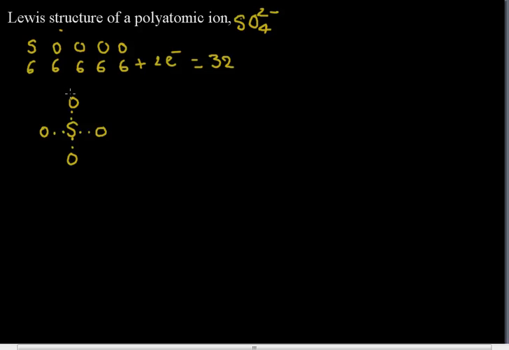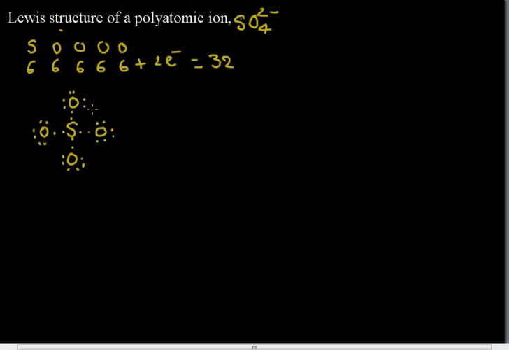So I can show the remaining 24 electrons as non-bonded electrons. These electrons don't participate in the bonding. So that would be 10, 12, 14, 16, 18, 20, 22, 24, 26, 28, 30, and 32.